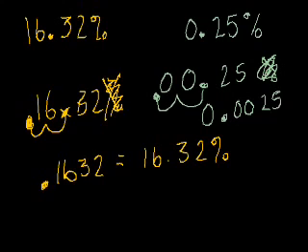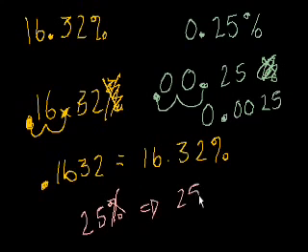And I want to just contrast that with 25%. What do you think that equals? Well, you do the same thing that we've been doing. You get rid of the percent sign and you move the decimal. I'll just rewrite it here: 25%. And you're probably saying, where's the decimal in this? Well, the decimal is after the number, because 25% is the same thing as 25.0%.